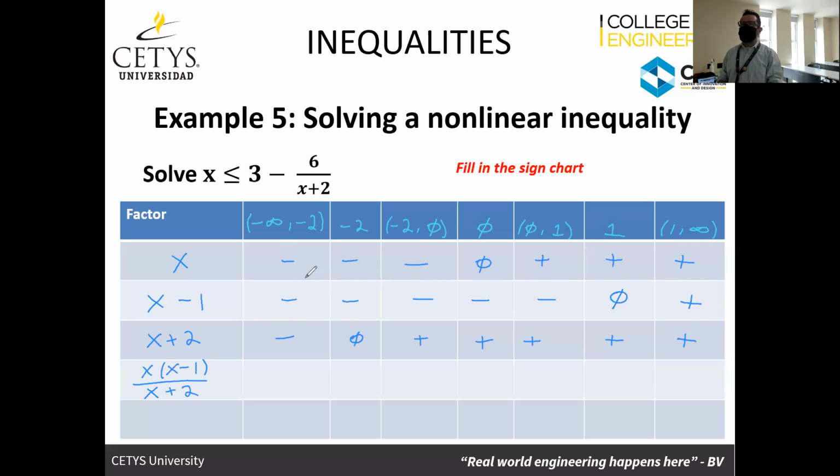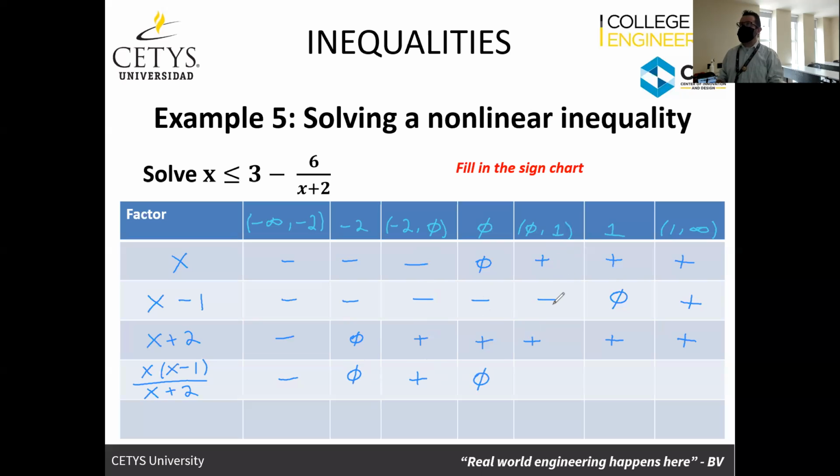So minus times minus is positive. Divided by minus is negative. Minus times minus is positive. Times 0 is 0. Minus times minus is positive. Divided by positive, positive. 0 times whatever is going to be 0.